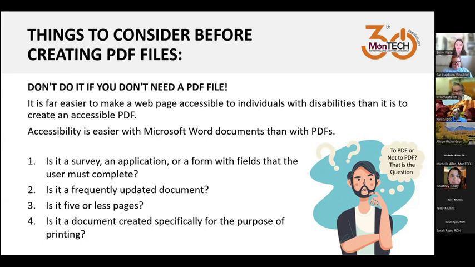If yes, then we should choose other options, like a web page if it's digital content, or an accessible Word document, rather than a PDF file, because creating an accessible PDF is time consuming and takes a little bit of time. Any changes, and we have to do the whole thing from the beginning again.